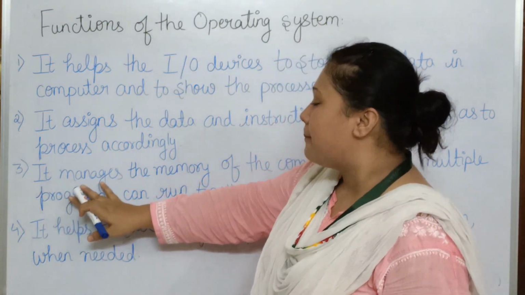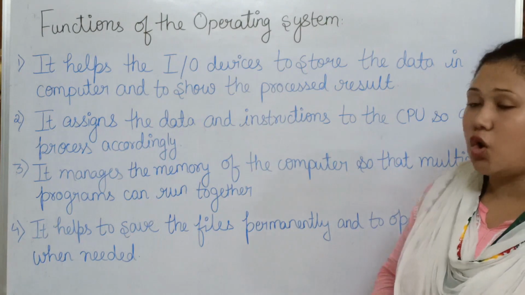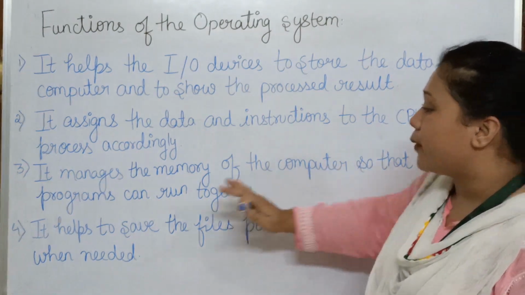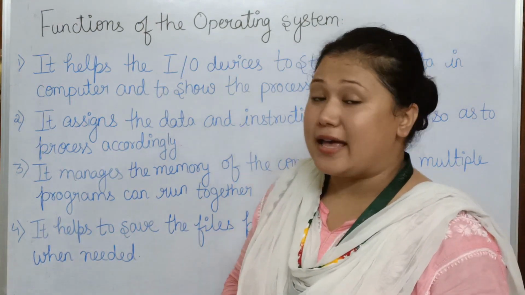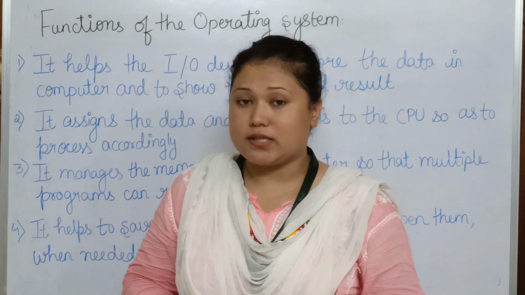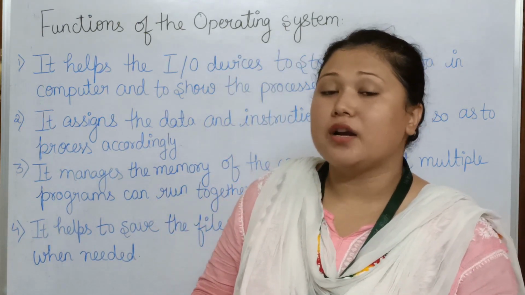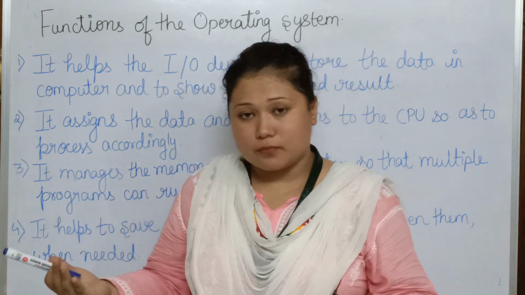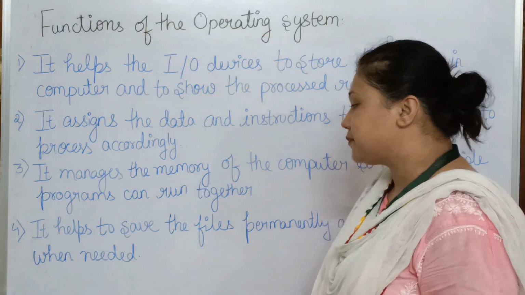The operating system manages the memory of the computer so that multiple programs can run together. As I told you, it is the main part of the computer system. It also helps us to run different work or different programs at once.